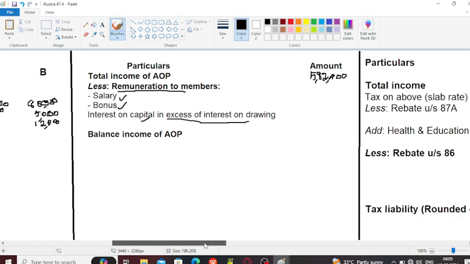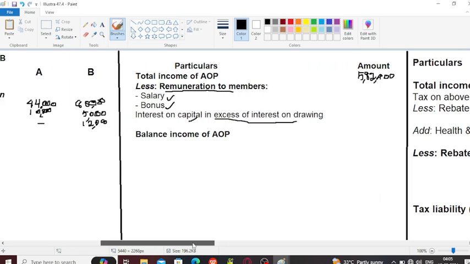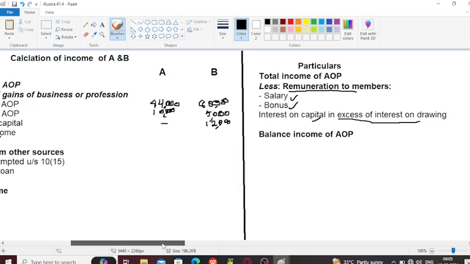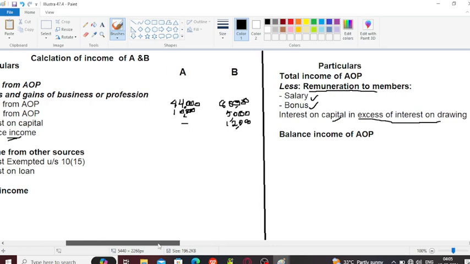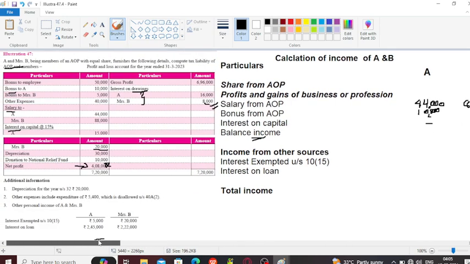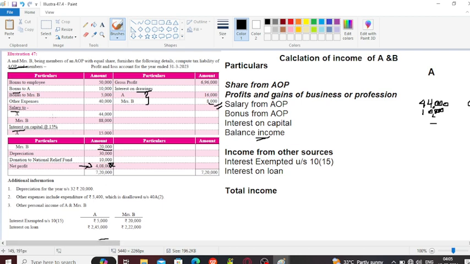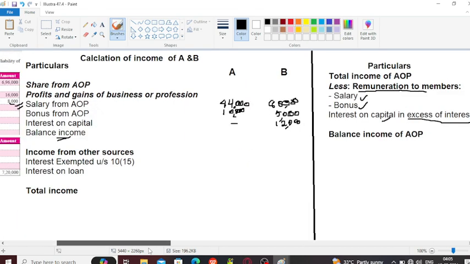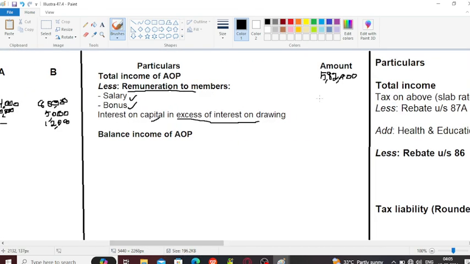If you subtract these expenses or benefits to members, you will get the balance income of AOP. First of all, what is the salary? Salary to members is 44,000 and 88,000. If you add these two, you will get 1,32,000. 1,32,000 is the salary for members paid by AOP.